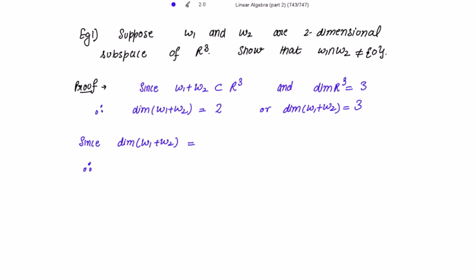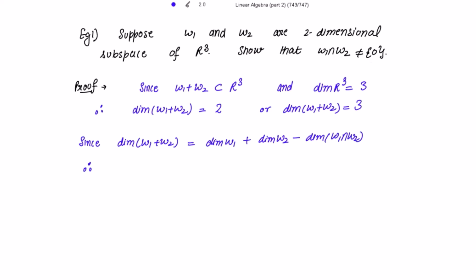Now we know the formula: the dimension of the sum is the dimension of W1 plus the dimension of W2 minus the dimension of W1 intersection W2. We have to show that their intersection is non-zero.